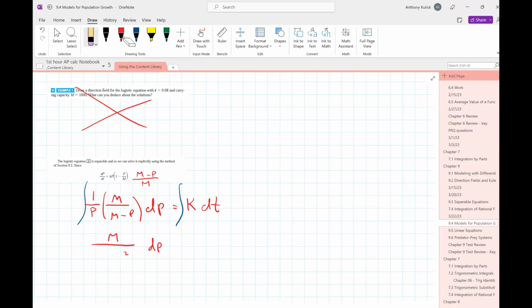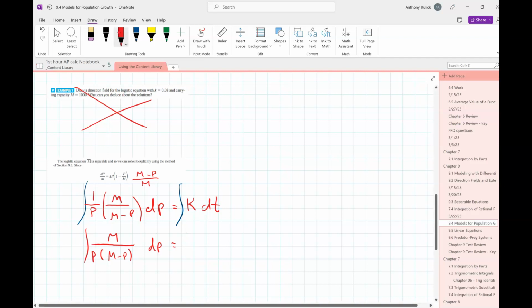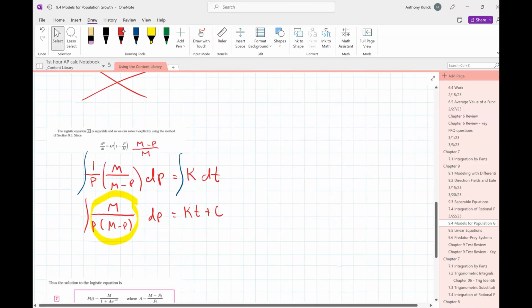Well, actually, let's write it this way. Let's not bother distributing it through. And we'll just call that kt plus c over here. This left-hand side looks like a partial fraction decomposition to me.